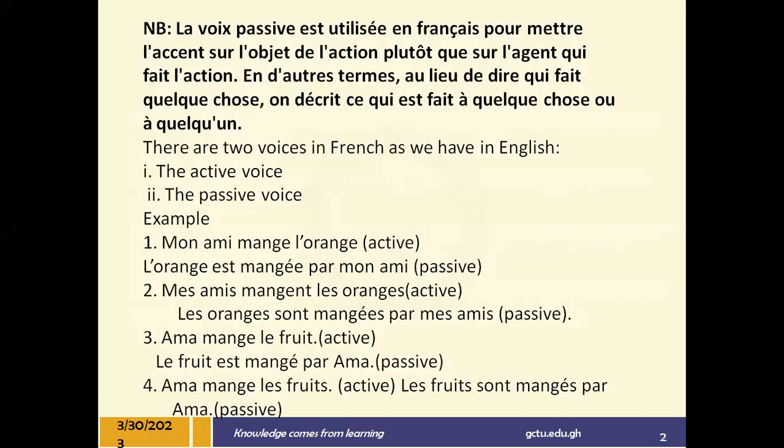So let me go back so you understand that. For instance, the tense is present, mange. This être must also be in the present tense, and the main verb here must be the past participle. So definitely this être verb that comes to help it must also be present. When the main verb here is present tense, the passive voice must also be present.